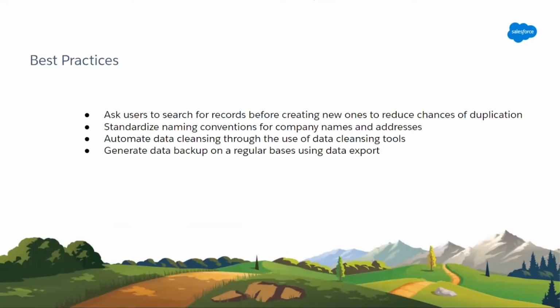Some of the best practices with merging duplicates are: ask your users to search for these records before creating, standardize conventions for names and addresses, automate the cleansing using data tools, and generate a data backup on a regular basis using export.